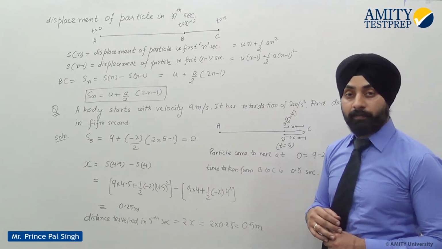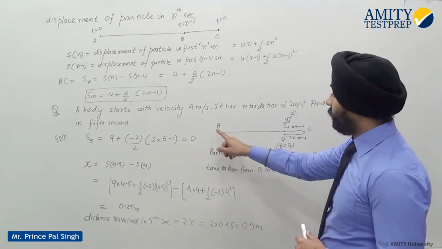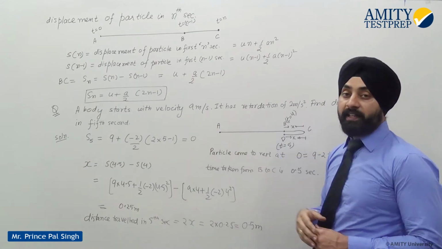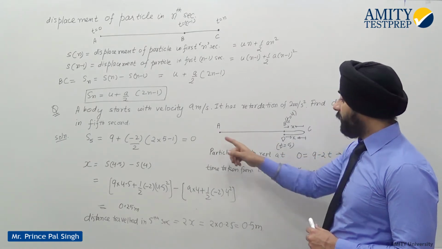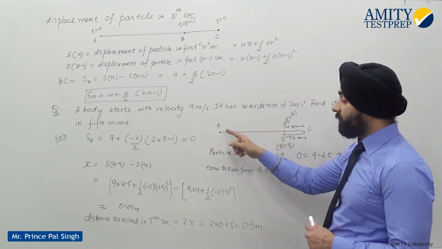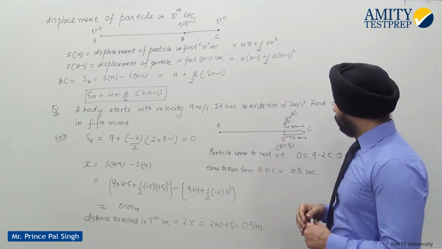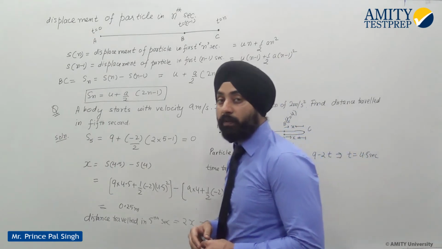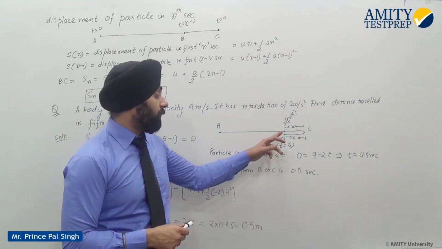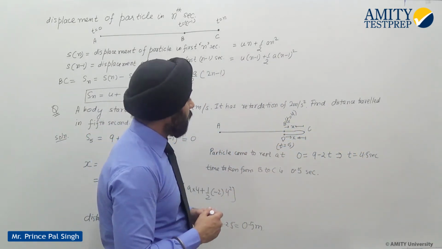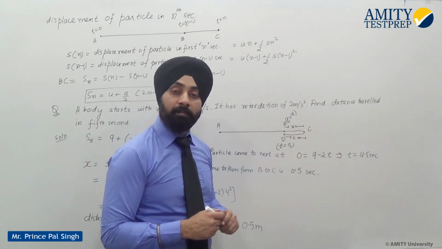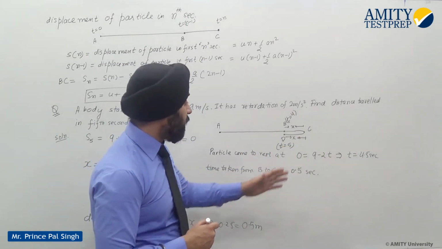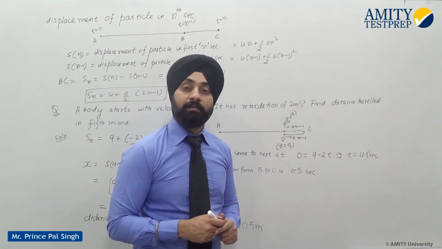Let's see how it has become 0. The particle is starting from point A and its speed is decreasing as it is moving towards B. At point B, the time t equal to 4 seconds is over. After that, a point C comes, and at that instant it comes to rest.